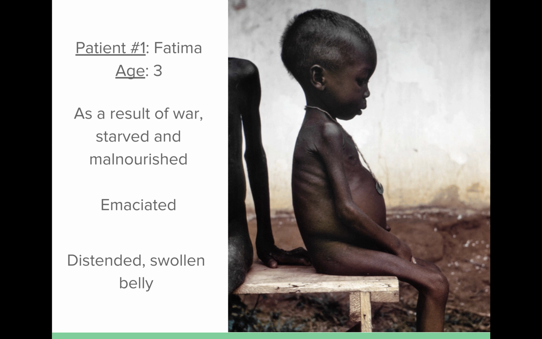You can see her legs really just look like skin and bones. But if you look at her belly, near her GI tract, it actually seems like we have the opposite situation where that particular tissue is swollen, it's bigger. Maybe something that we wouldn't expect.